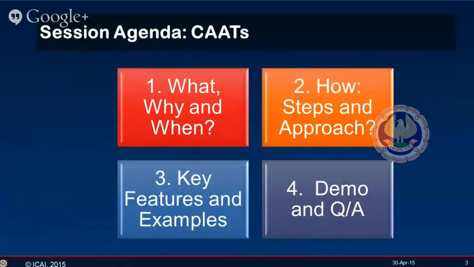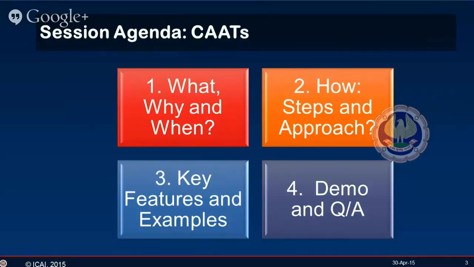First, we'll understand what is CAAT, why is CAAT required, and when are CAATs to be used. Second, we'll get to know how CAATs can be used, what are the steps and the approach for using CAATs. Third, we'll look at the key features and examples of CAAT software.